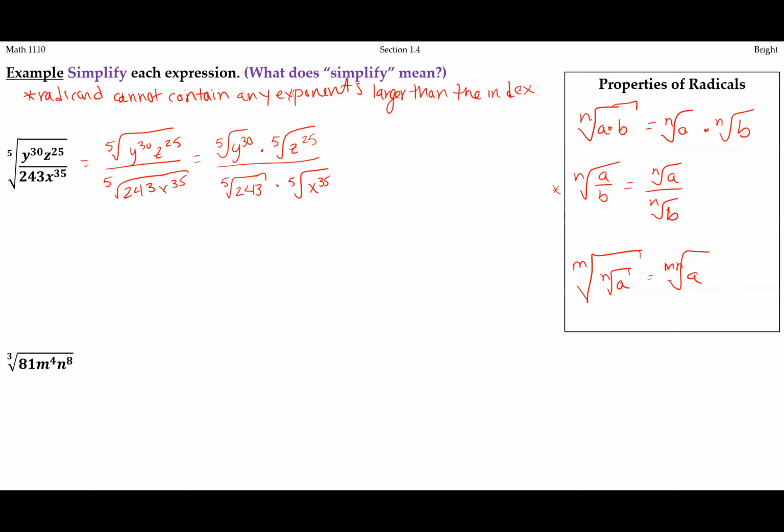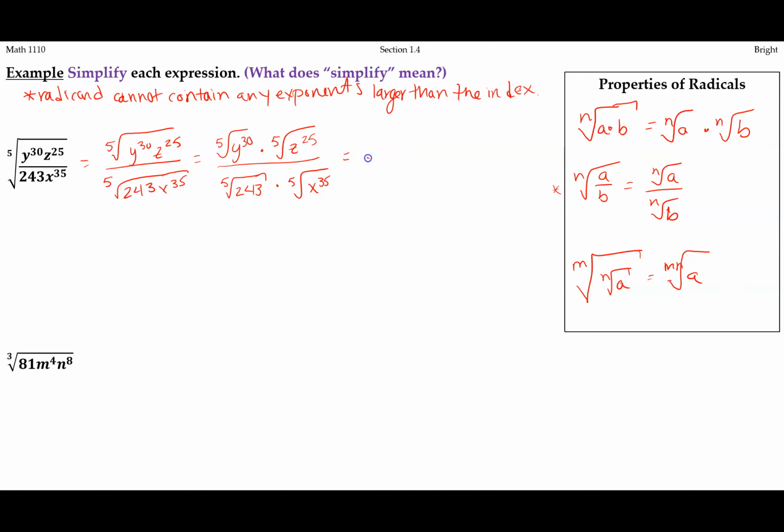Now, the overall goal of simplification, remembering that we want the radicand to have exponents no larger than the index, requires a little bit of creative thinking. I know that the index is 5. That's the fifth root.